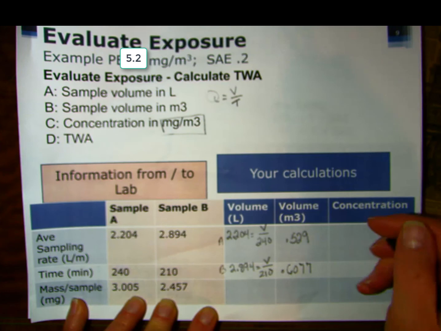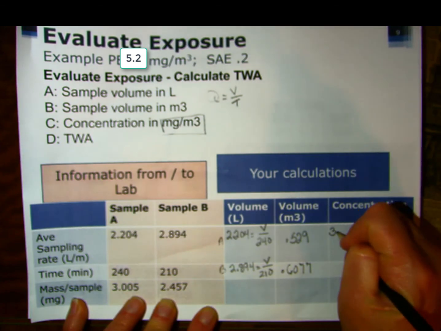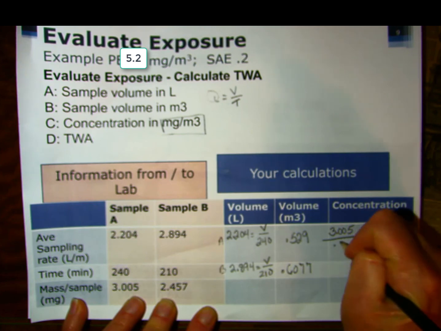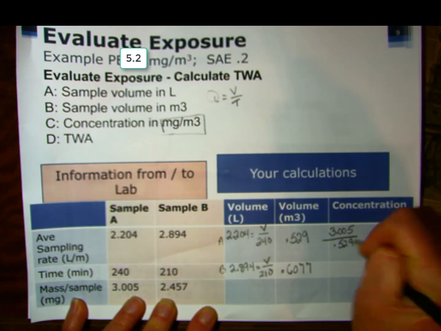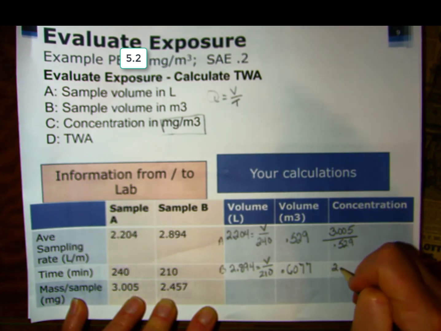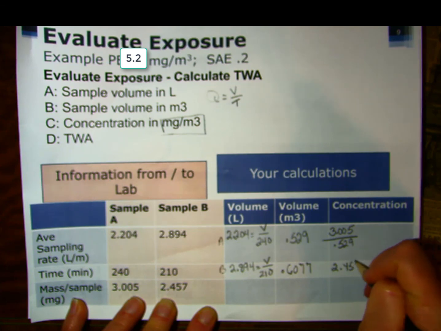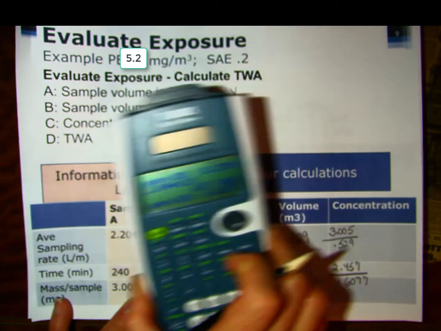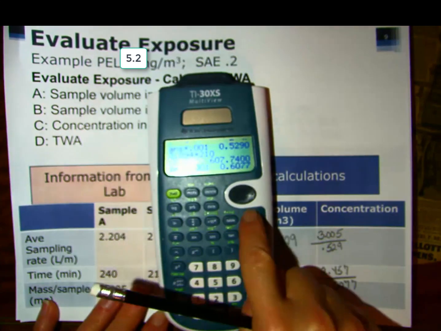So my concentration will be 3.005 divided by 0.529. I have 2.457 divided by 0.6077.